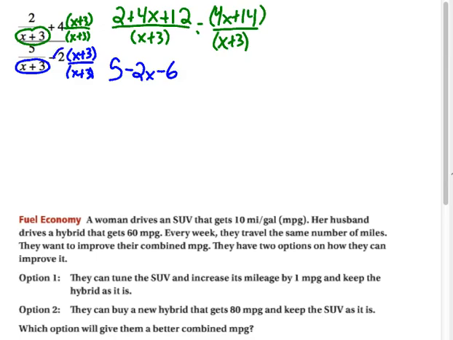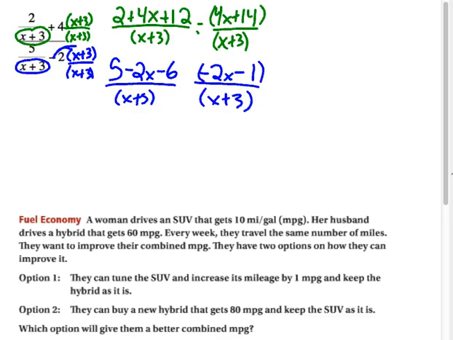Remember, distribute that negative to both things, over that x plus 3. So that's going to become negative 2x minus 1 all over the x plus 3.